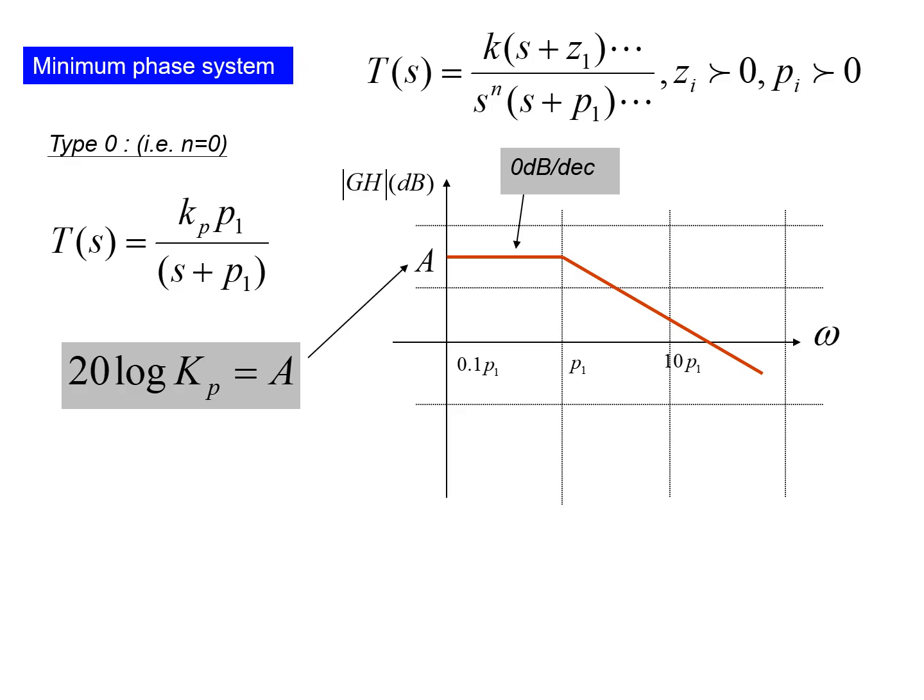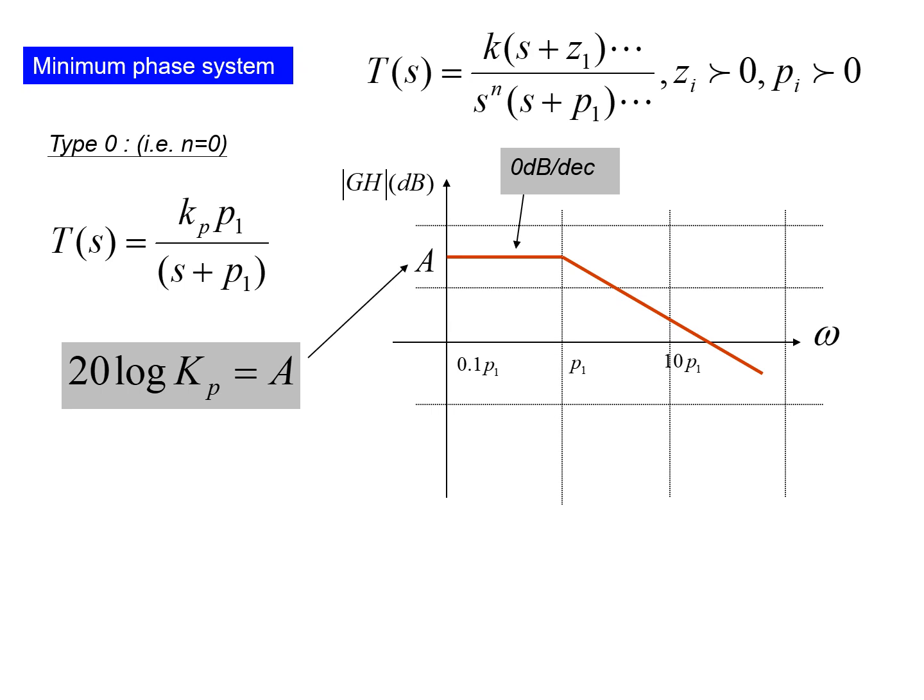It means all the zeros are more than 0, and all the poles are more than 0. And then for a type 0 system, it means n is equal to 0.